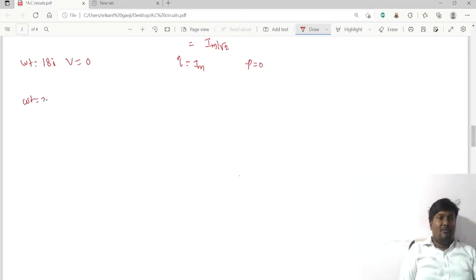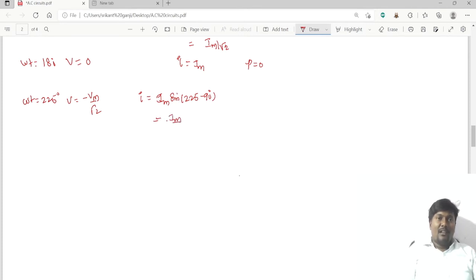At omega t equal to 225 degrees, V is equal to minus V max by root 2. And the current I is equal to I max sine of 225 minus 90, that is 135, which is I max divided by root 2, and the instantaneous value of the power is minus V max I max by 2.